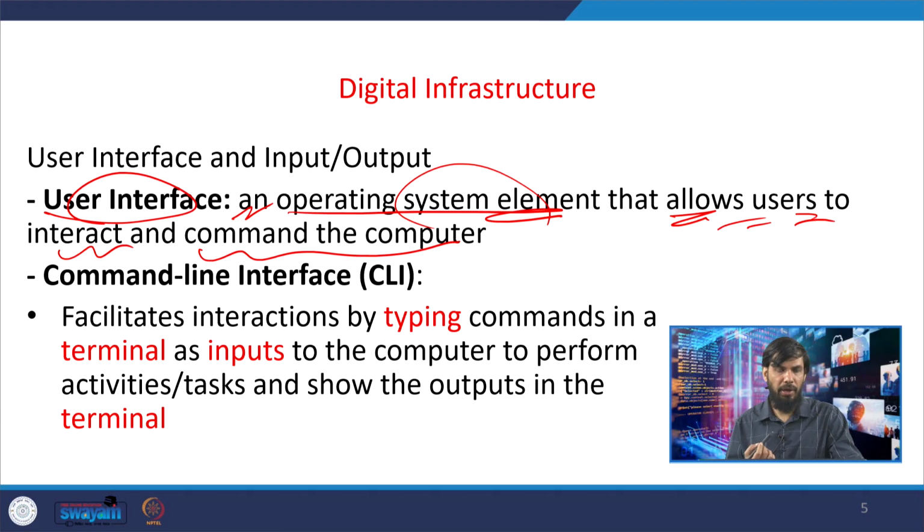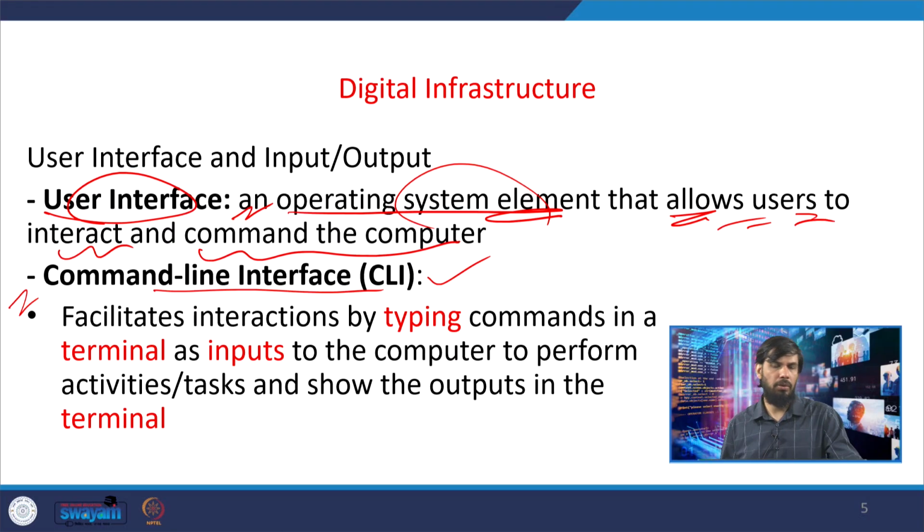Now, what are the different ways? The first one is the command line interface, or CLI. It is popularly known as CLI, command line interface. It facilitates interaction by typing commands in a terminal as inputs to the computer to perform different activities and tasks, and the outputs might also be displayed in the terminal. The command line interface is the original interface that was there before the more graphic-based interface came around in the early or late 90s in the form of the Windows operating system.